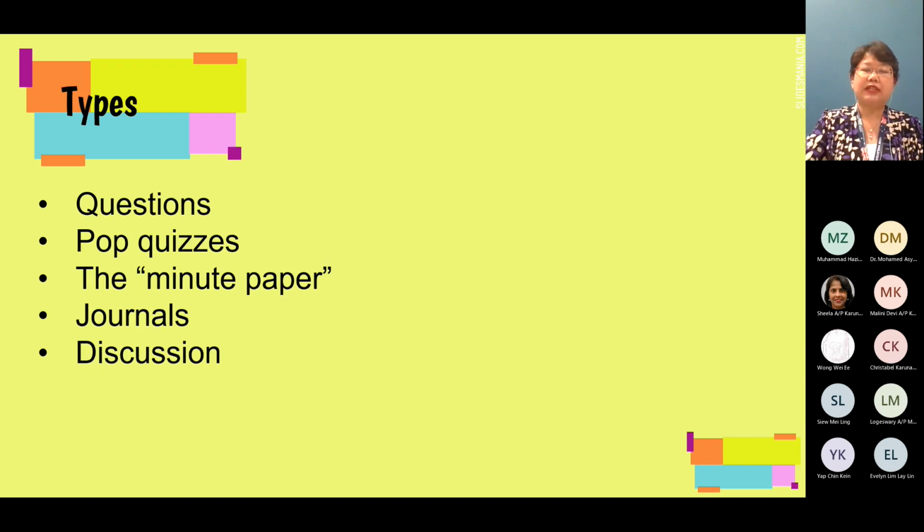All right, so what are the different types of formative assessments that are there? Again, the types of formative assessment depend on you. The ones that I got from my readings would be, basically, questions. How you ask the questions can be written or verbal, pop quizzes.